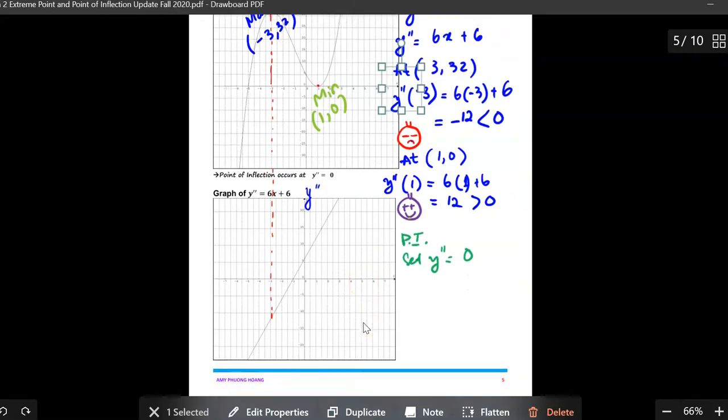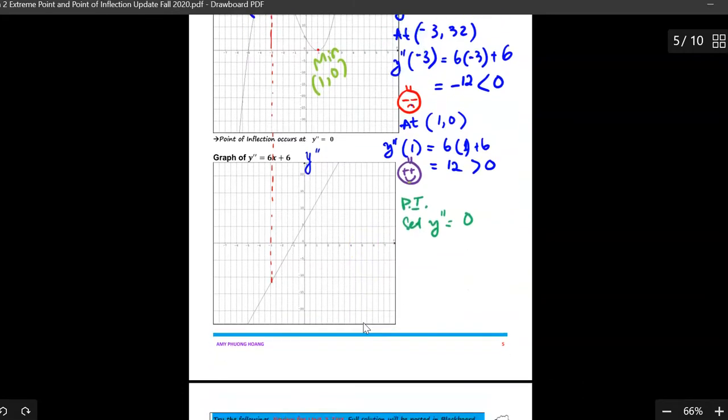This part of the graph is actually negative. So I'm going to tell everyone that this is negative. So right here is a max, and here is my negative part of the graph.